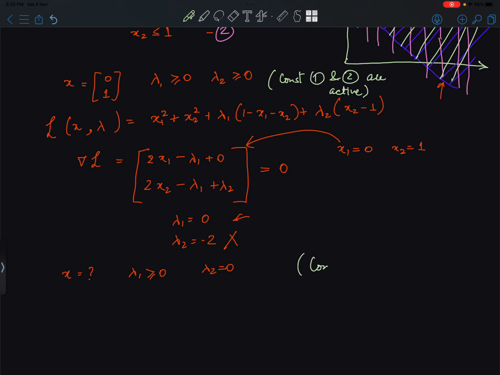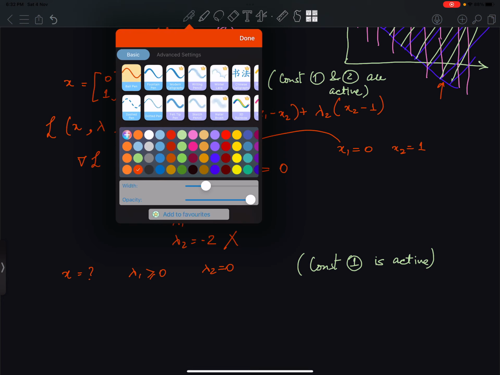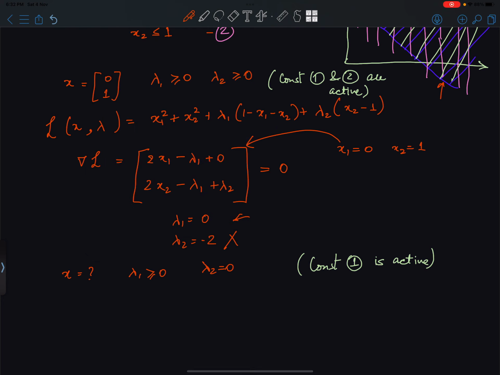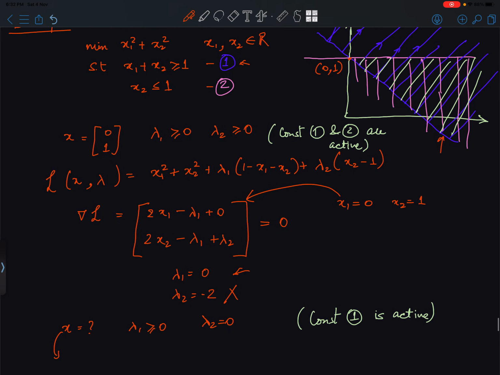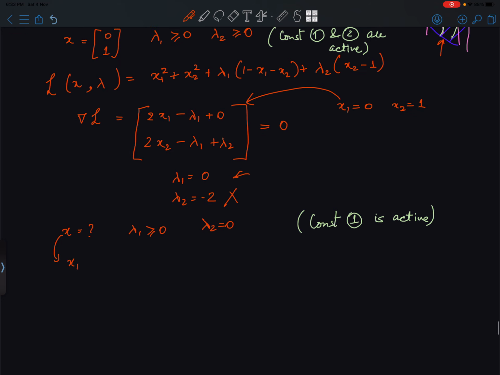This is when only constraint 1 is active. What I know about x is that, since constraint 1 is an active constraint, x1 plus x2 equals 1.